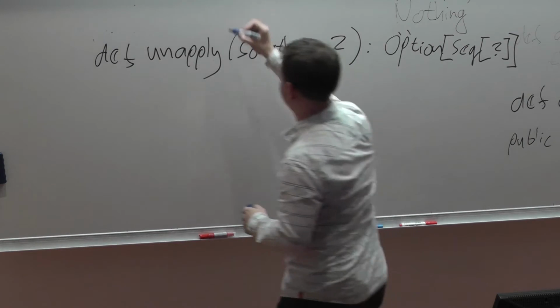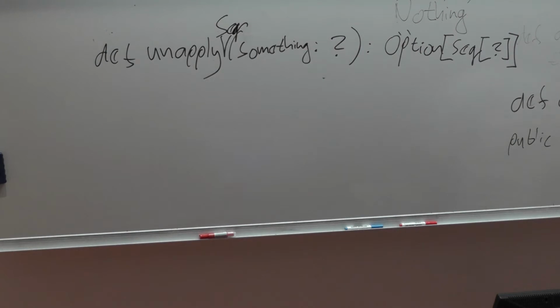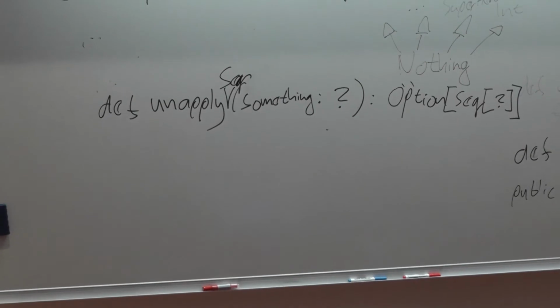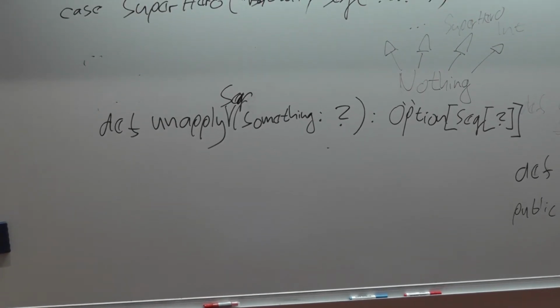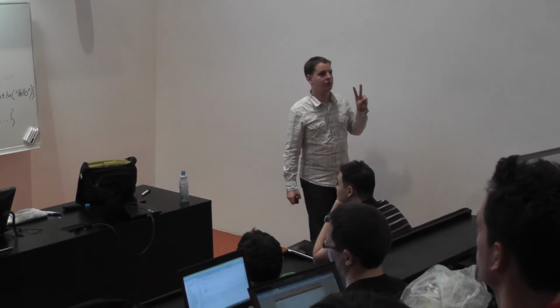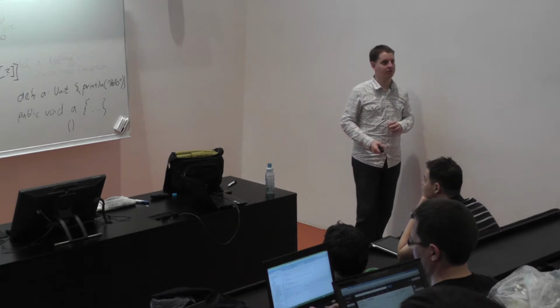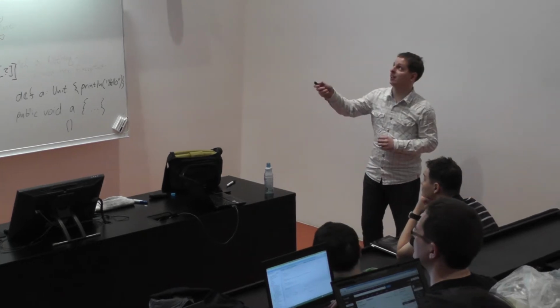Sorry, I'm applying. unapplySeq, the Seq has to be part of the name. You have just created a sequence pattern. So this is how the compiler knows if it is a constructor pattern or a sequence pattern. It's either the unapply method or the unapplySeq method. So these are two magic names you have to remember if you want to create your own constructor or sequence patterns for data you want to pattern match in this nice way.